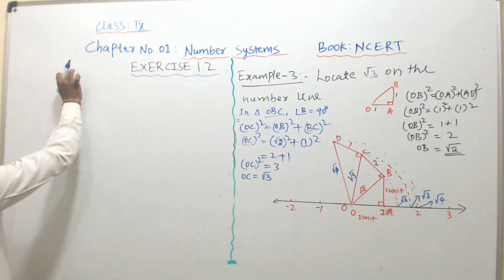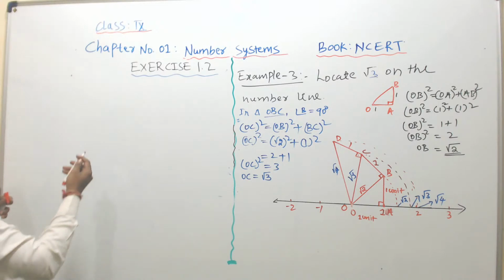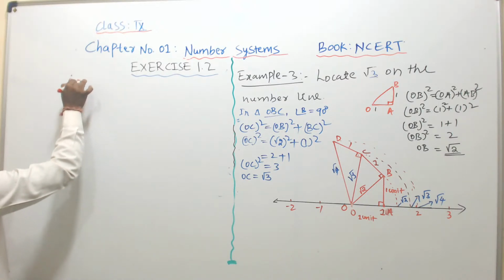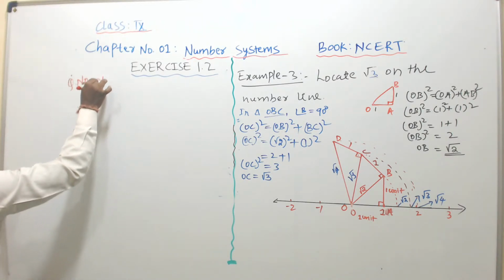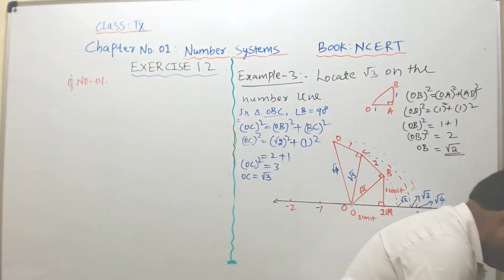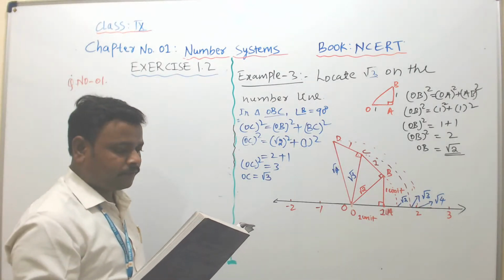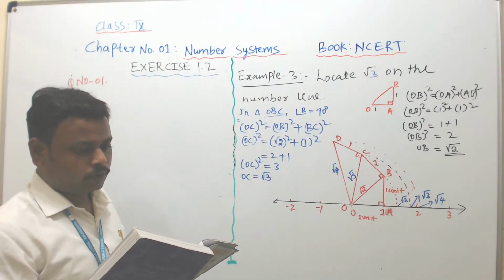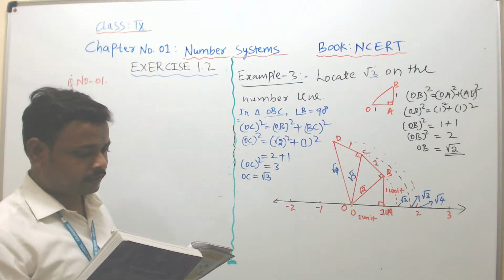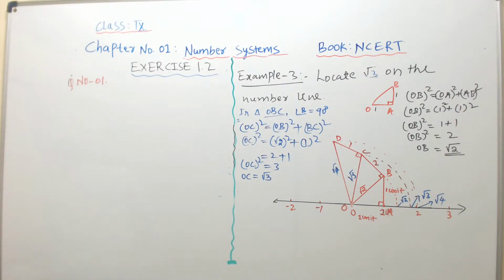Now, exercise 1.2, question number 1. The first question, I will read first. Question: State whether the following statements are true. Your answer. Every irrational number is a real number.